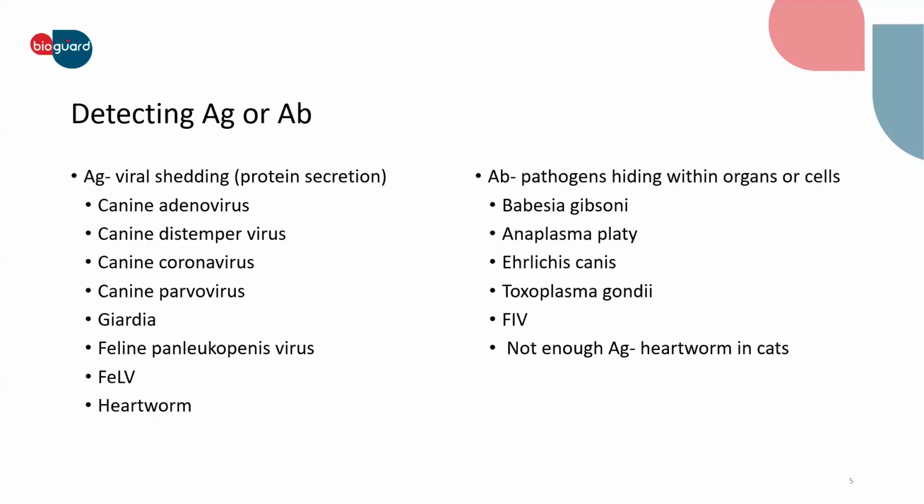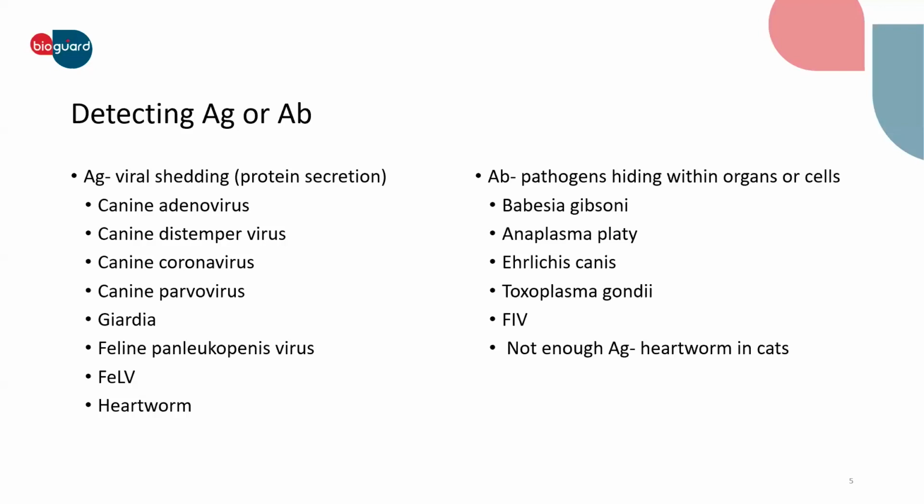But for some pathogens, like the blood parasites including Babesia, Anaplasma, Ehrlichia, or Toxoplasma, either they do not secrete those proteins frequently, or, like Toxoplasma, they only shed the oocyst from the feces for 7 to 10 days.